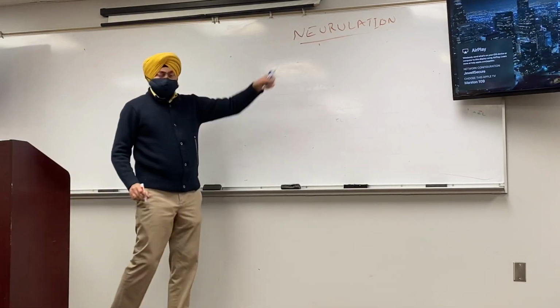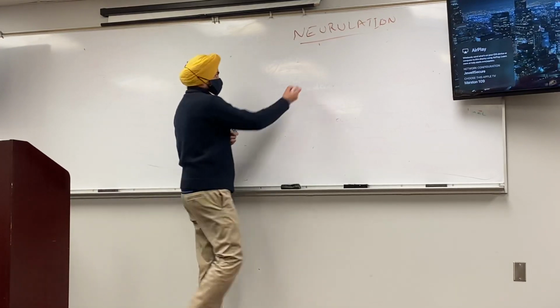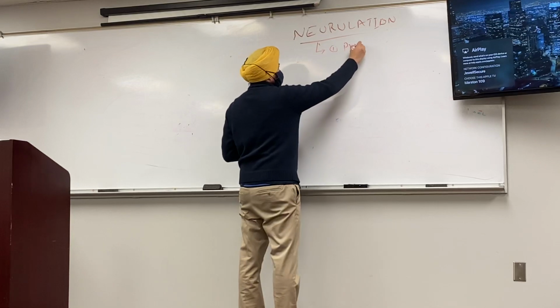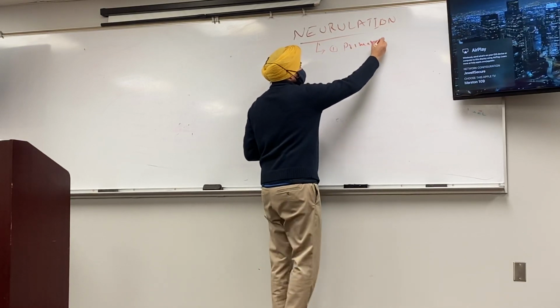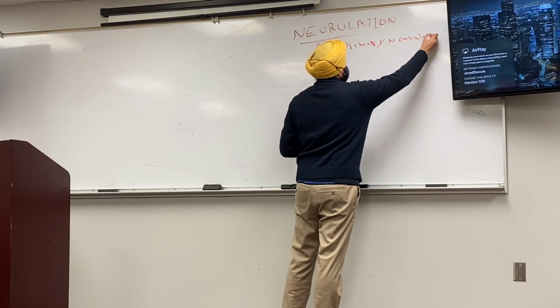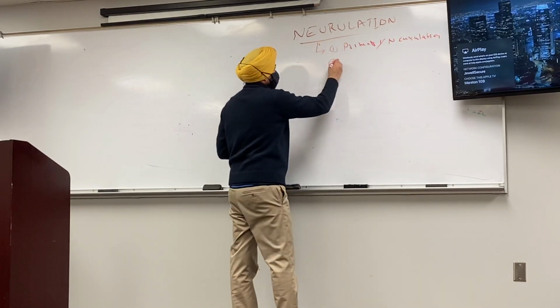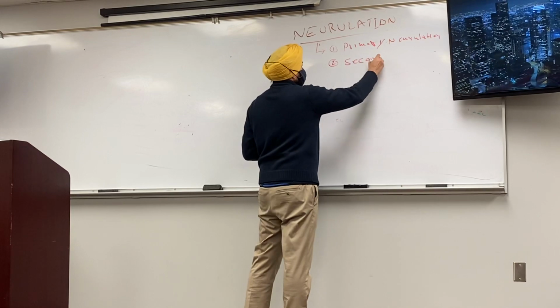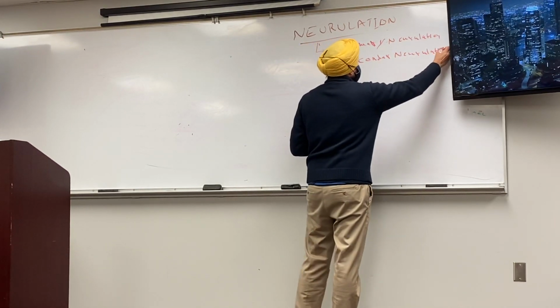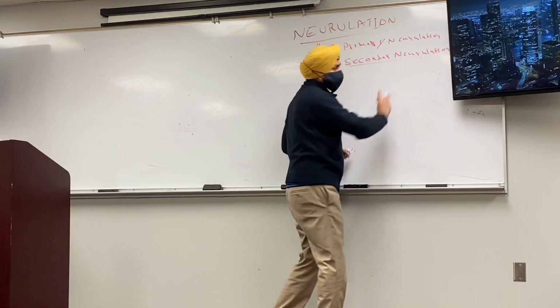Now this process of neurulation is actually a two-step process. Number one we call it primary neurulation, and the second step is called secondary neurulation. And this secondary neurulation takes place only in the tail region.